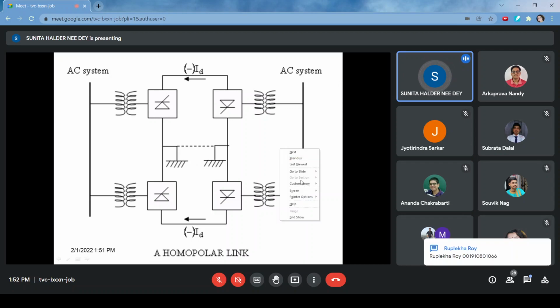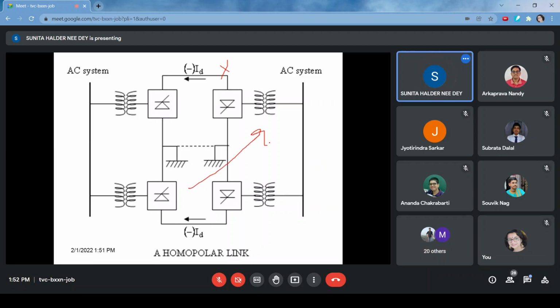Now, if one link is out of order, then the other link can cater to that load easily because total reconnection is not required. So this is the advantage of the homopolar link, and homopolar links are mostly used in HVDC transmission.